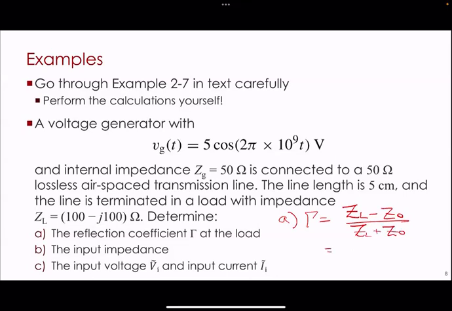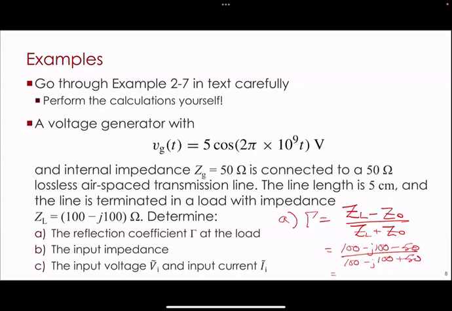All right, so what do we got? ZL is 100 minus J100 and minus 50, over 100 minus J100 plus 50.